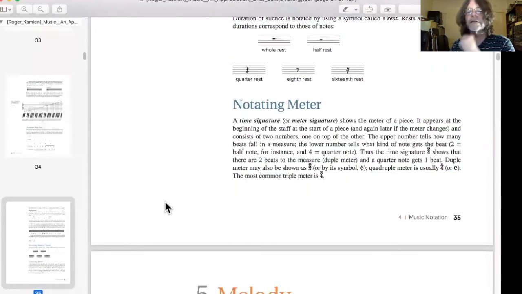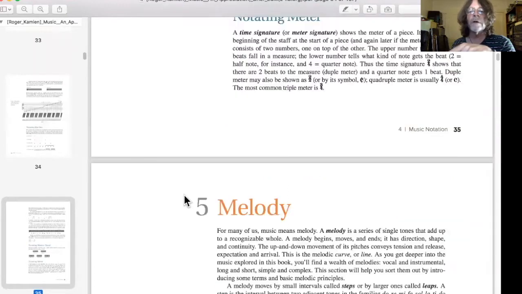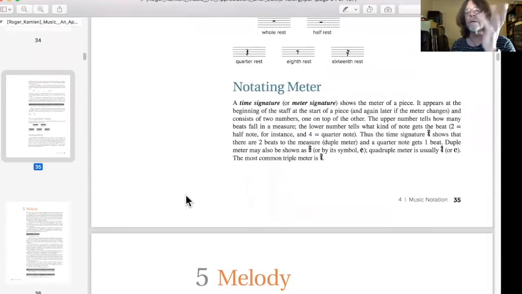And the last thing is notating meter. Notating meter is your time signature. Most people are gonna tell you that it's like a fraction, but it's really just a number over another number. And they're gonna say the top number represents how many beats are in the measure, and the lower number represents what note gets the beat.